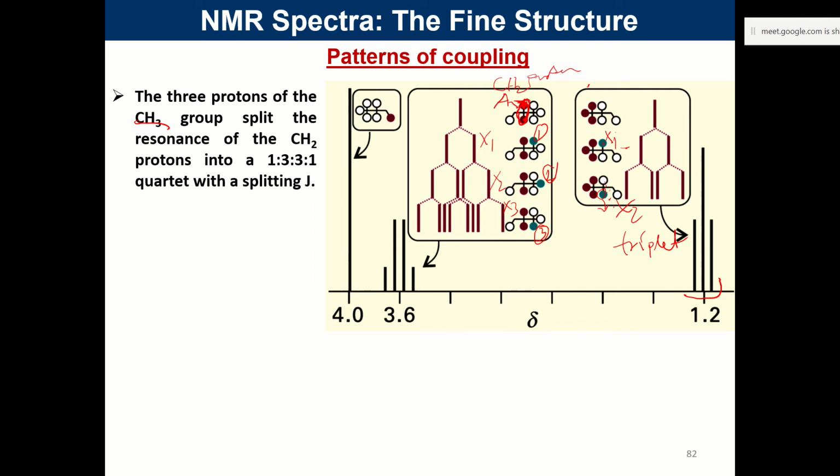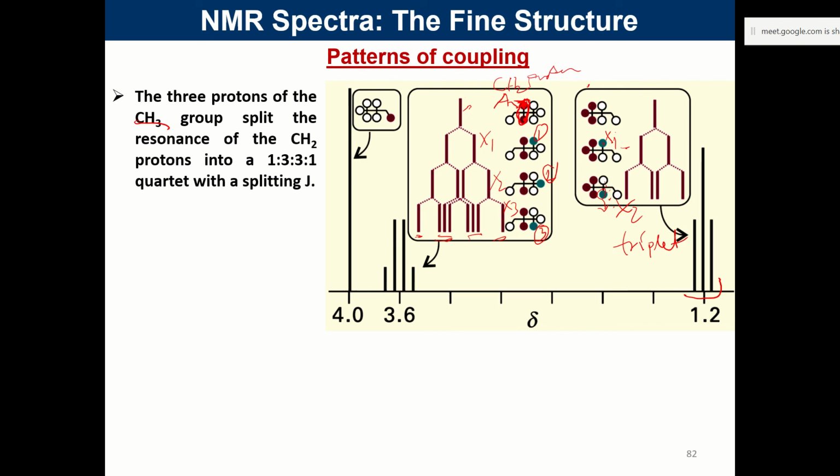So in the AX type interactions that we are talking about, we can think of these two nuclei together as A. The signal of both comes at the same place, but this will initially be like this. In isolated condition, a CH2 fragment should give me this kind of a single peak at this position, which will be further split due to the interaction with the methyl protons, methyl proton number 1, proton number 2, proton number 3, and in this way you have a quartet, 4 lines of this pattern.